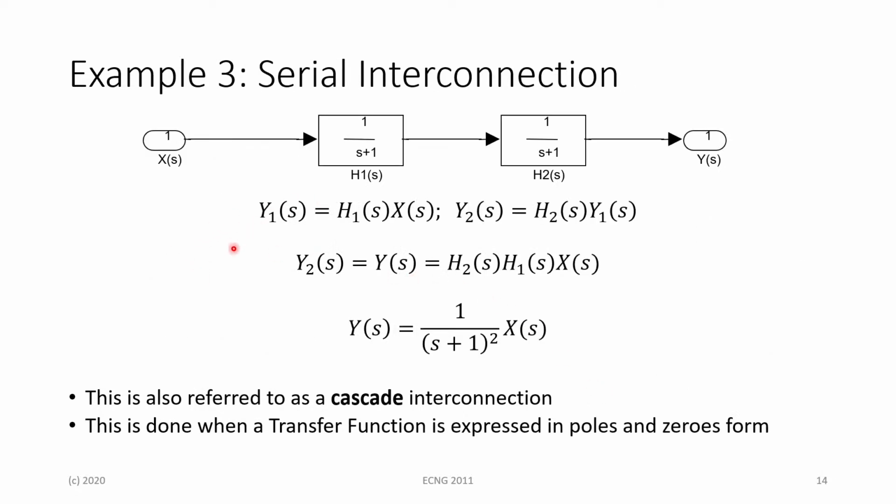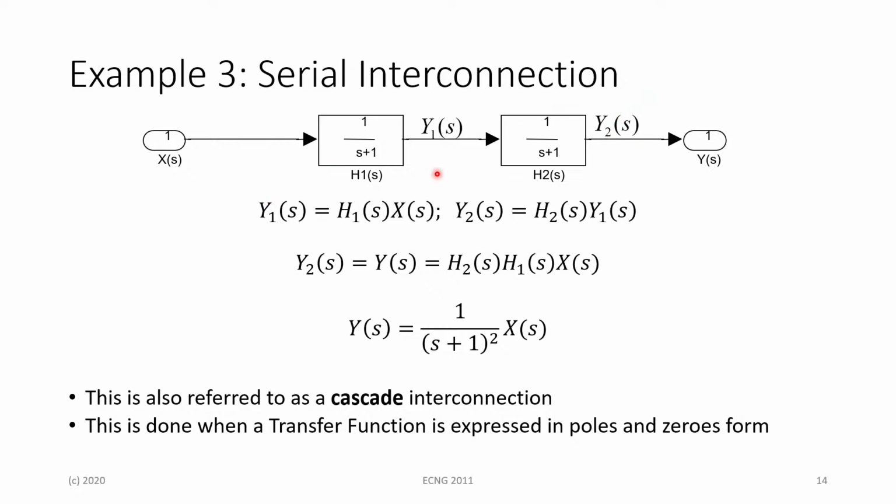The serial or cascade interconnection is where we tend to have blocks being represented sequentially. And basically, as we saw from the first example, which was a simple block diagram, once we have sequential block diagrams, we just basically keep on multiplying straight throughout no matter what. So we say the output of the first block h1 of s is y1 of s, and then the output here, which is y2 of s, at the second block.